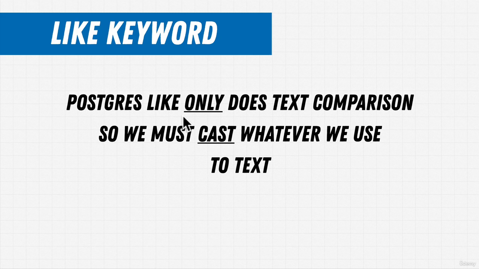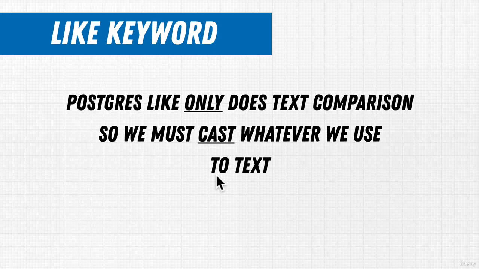But that being said, Postgres only does the like operator against text. So when we say we must cast whatever we use to text, what we mean is that anything we're going to use in that like command, any column that we're going to use to do a partial match against, we're going to cast it to text.